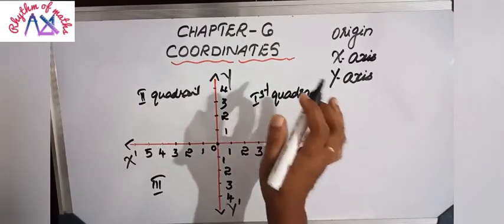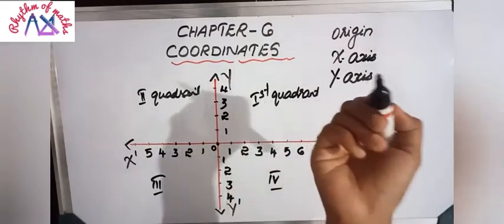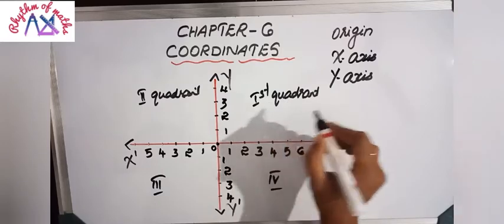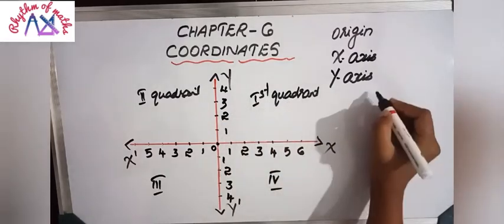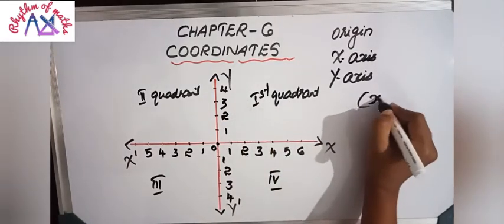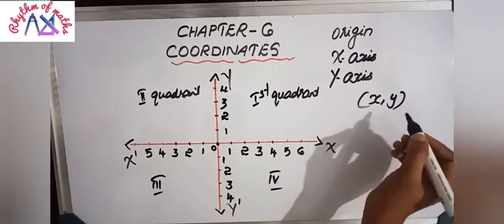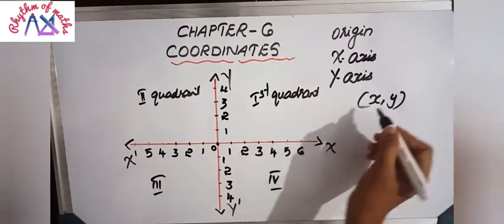Before that we can write the numbers. We can write the point as a coordinate. It is written as (x, y), an ordered pair (x, y). Like this we will write the coordinates of each point.